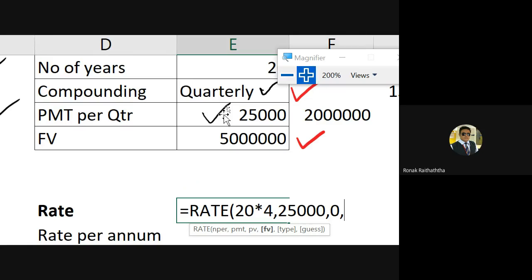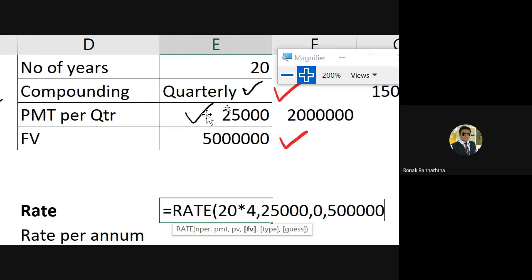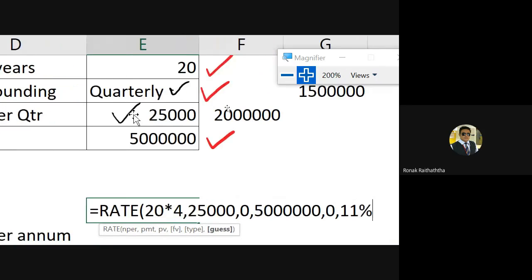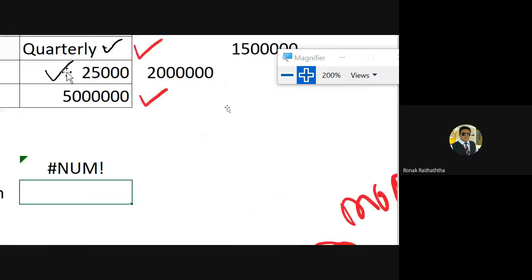FV is there, yes. After 20 years there would be 50 lakhs rupees of amount inflow, comma, type is not given, we would be assuming 0, it's an ordinary annuity, comma, guess, let me guess 11 percentage, closing the bracket, pressing enter.